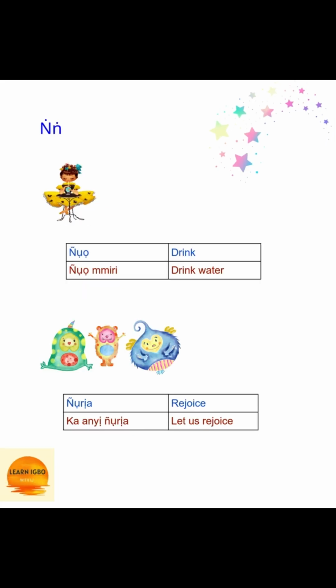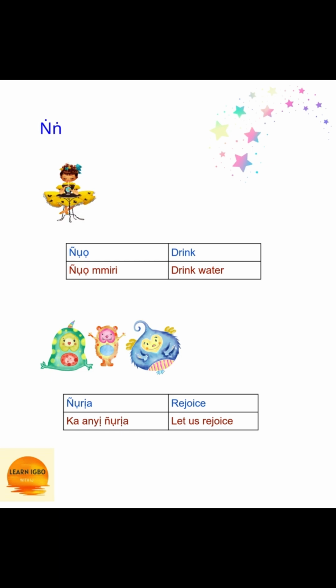This next letter is the letter Ṅ. When you see this letter, it comes out through your nose. This is one of those where you have to use your nose in speaking or making the pronunciation. So this is between the letter N and the letter G. It's an N with a little squiggly line on top.